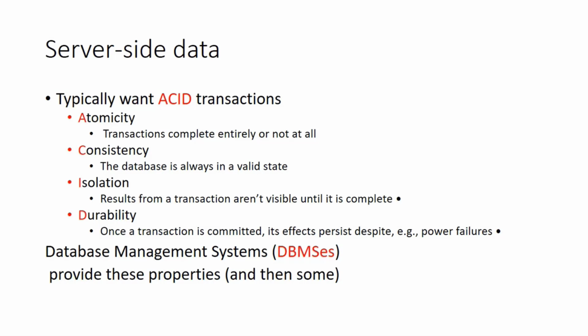Durability: once a transaction is committed, its effect persists despite a power failure. It should be durable. This is called the database management system, and these properties are always good to cure and prevent such things. If your server is using these, there is a chance that you will be safe from the attacks.